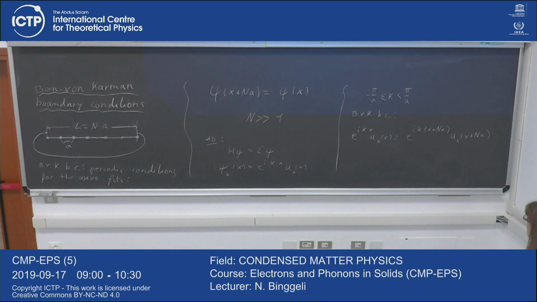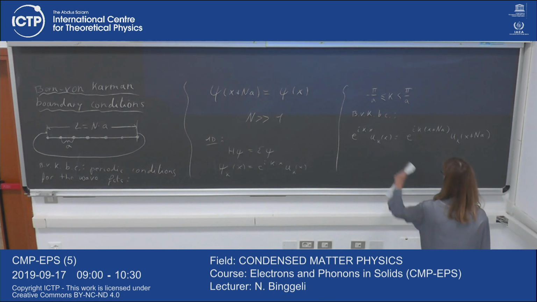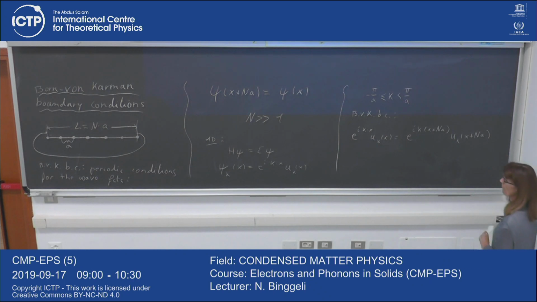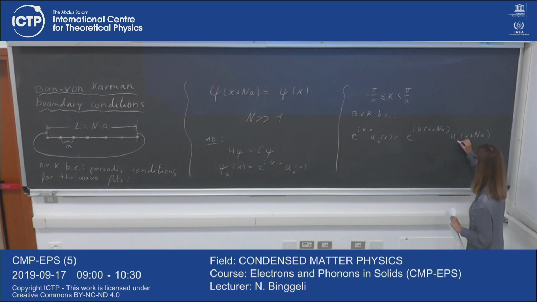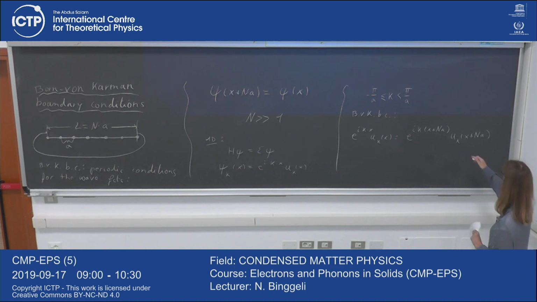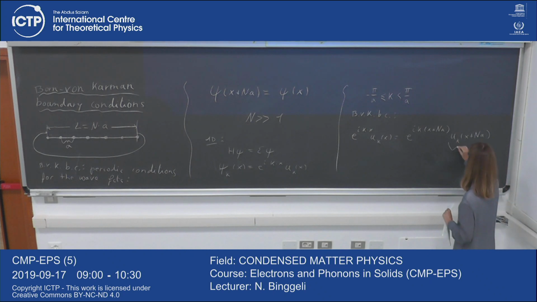But I know that this function, the u, is periodic with the periodicity of the Bravais lattice, so u(x+na) is equal to u(x).